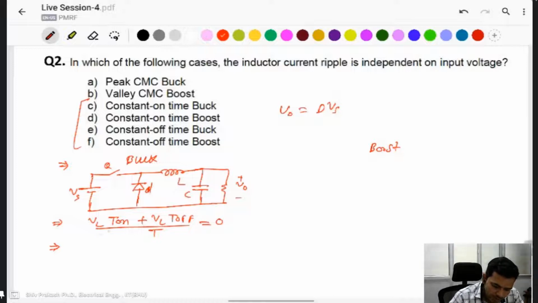Then with T on, you find the Vs minus V naught into T on divided by T, plus, into T off, you find VL is equal to minus V naught, T off divided by T is equal to 0.